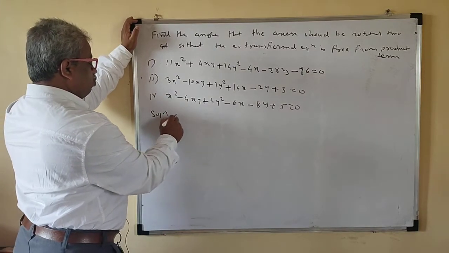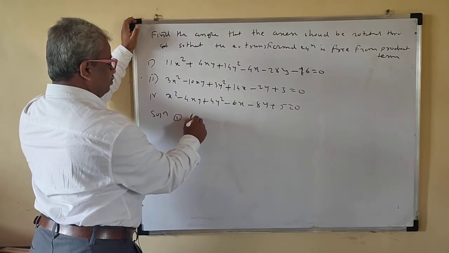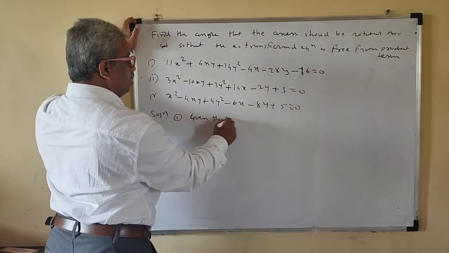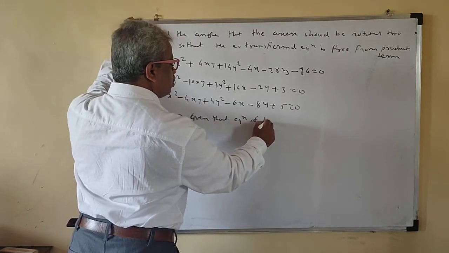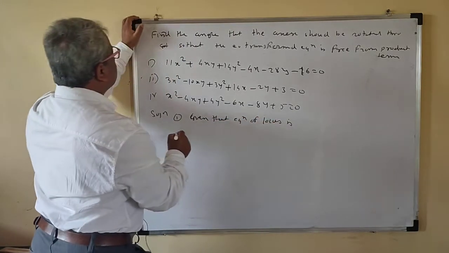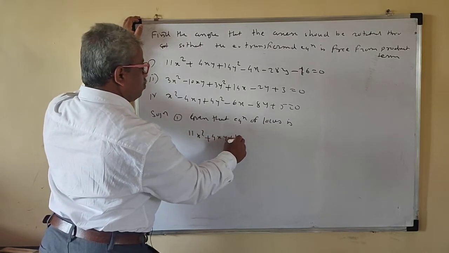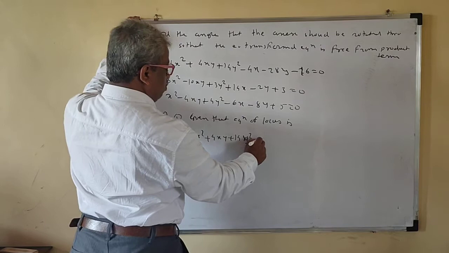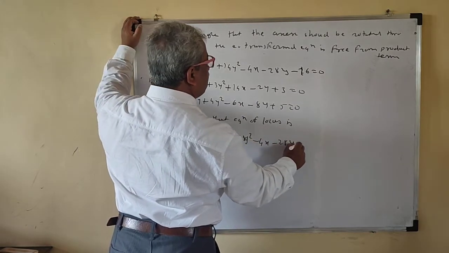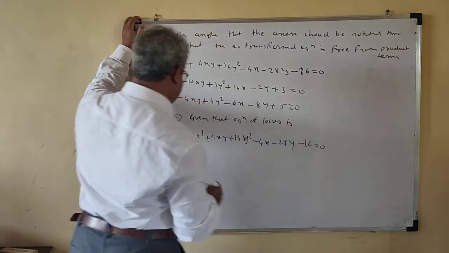Solution 1. Given that the equation of the locus is 11x square plus 4xy plus 14y square minus 4x minus 28y minus 16 is equal to 0.